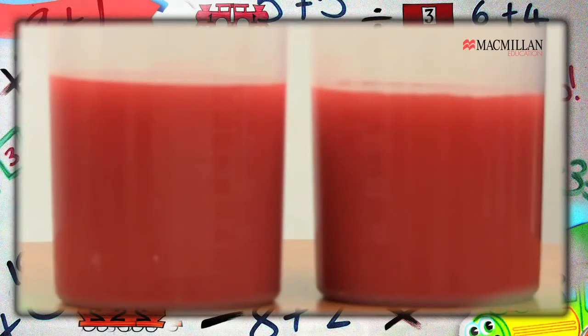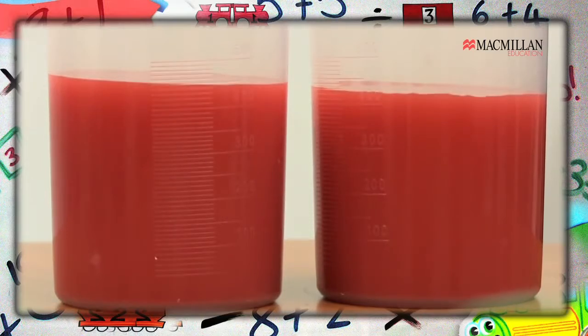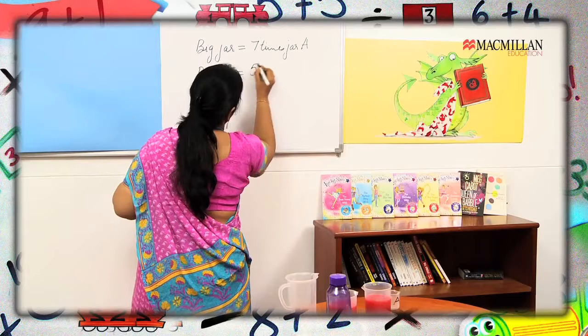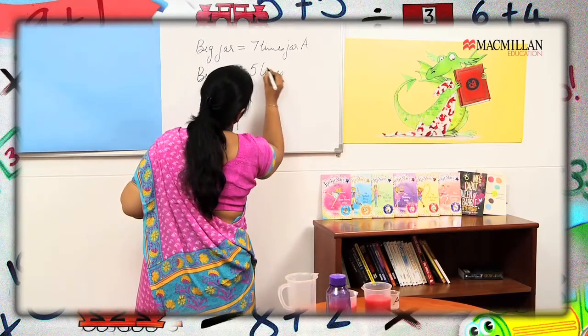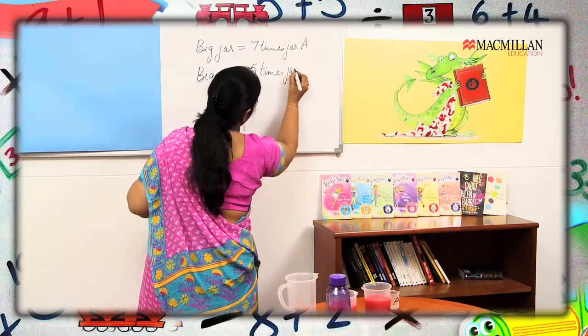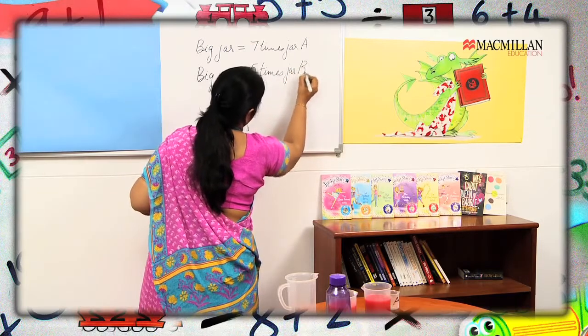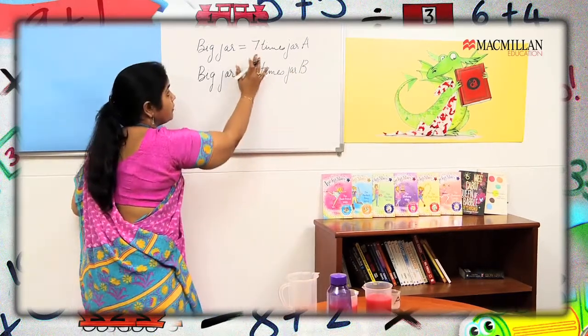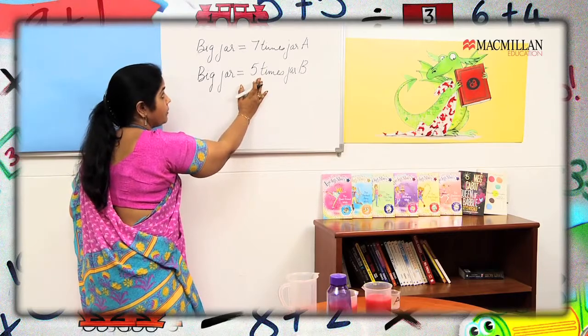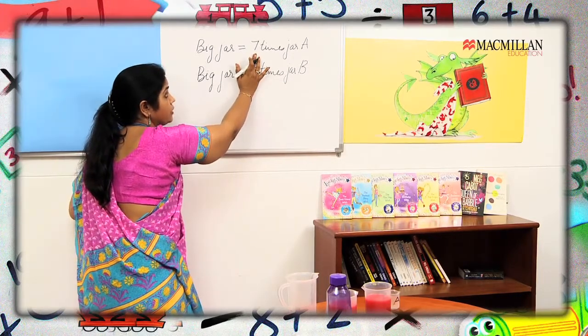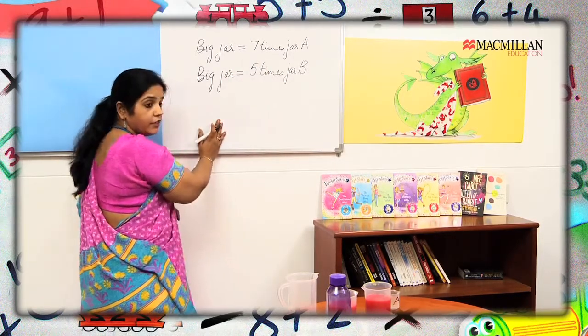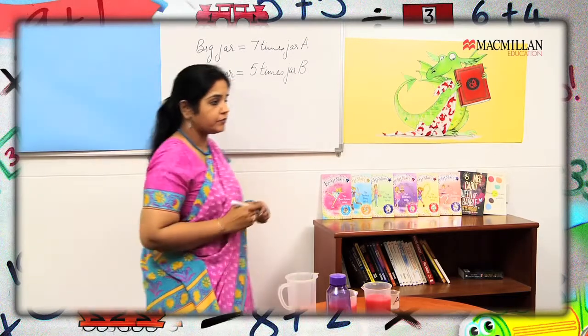So the second big jar, which is of the same capacity as the earlier jar, has been filled 5 times by jar B. So that means the capacity of jar B is more than the capacity of jar A. Interesting, isn't it?